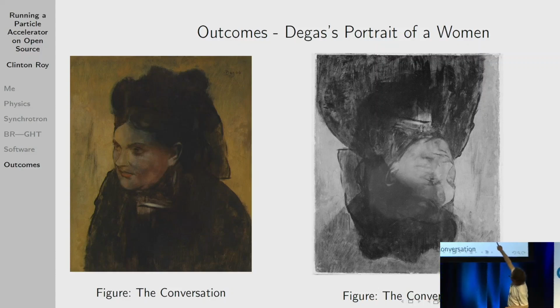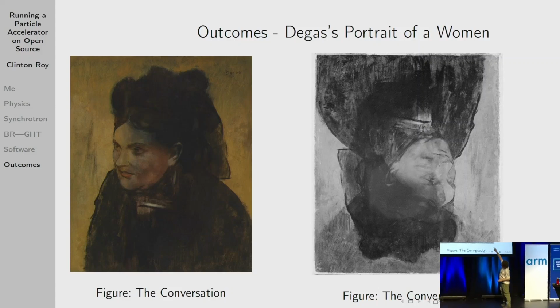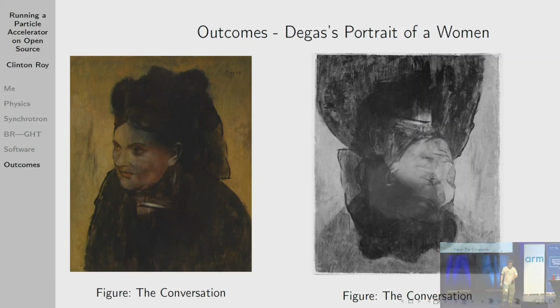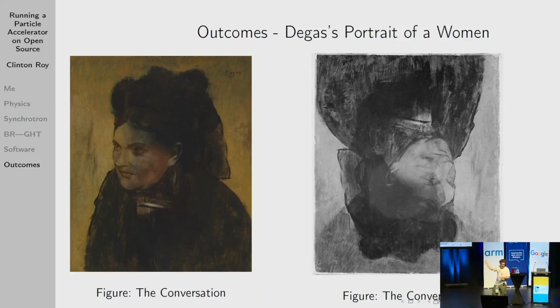And then if you have a closer look, you'll see that there's another face in there. So this particular painting was reasonably famous, and then work done at the Australian Synchrotron has shown that there's a second painting underneath it. And I think there's a little bit of a story, maybe that was the wife and that was the mistress, I think.